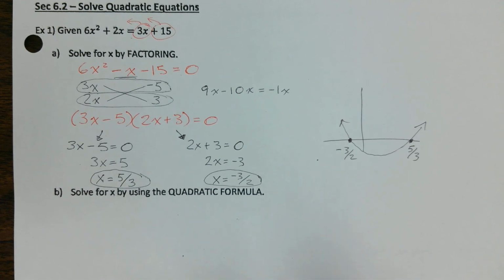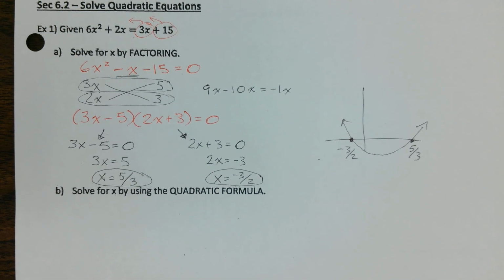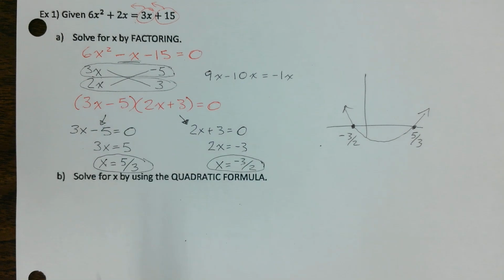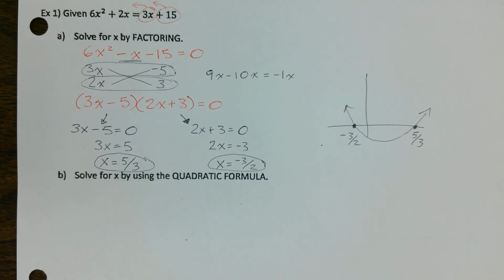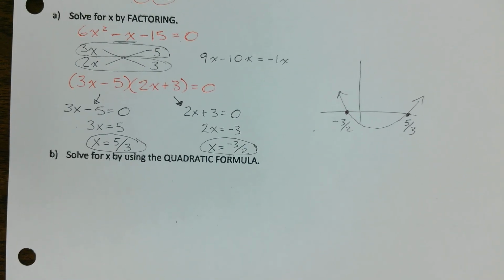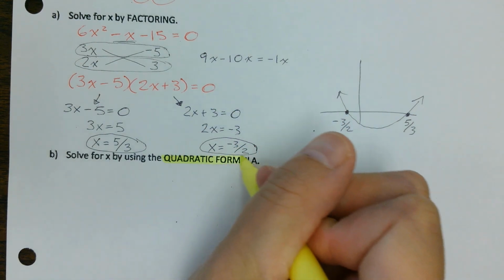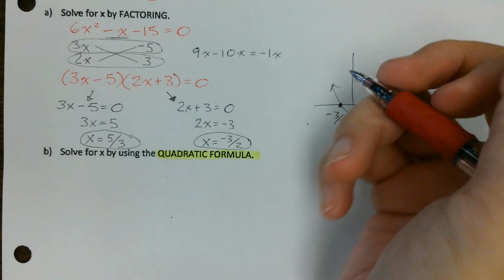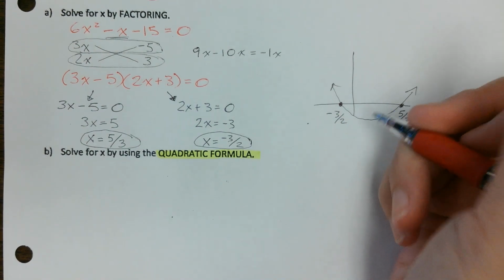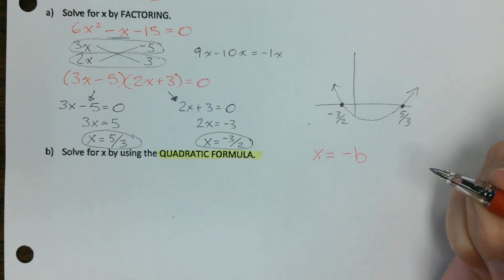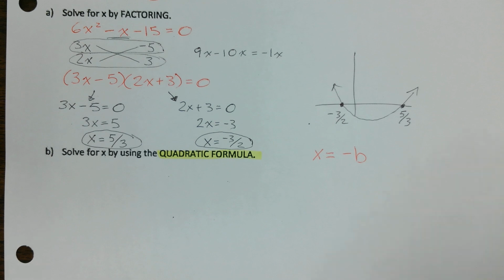You scratched your head for like 10 minutes and you couldn't figure out what the combination was. Well, now we have what's called the quadratic formula. Quadratic formula will always work, even if it's a decimal. All right, quadratic formula. x equals. Anyone know what the quadratic formula is?